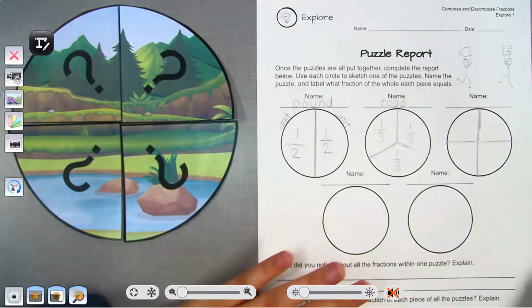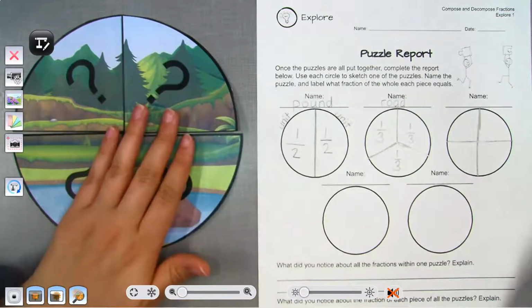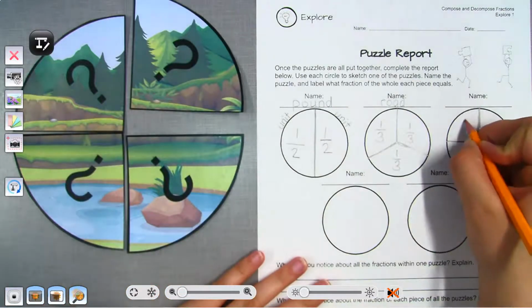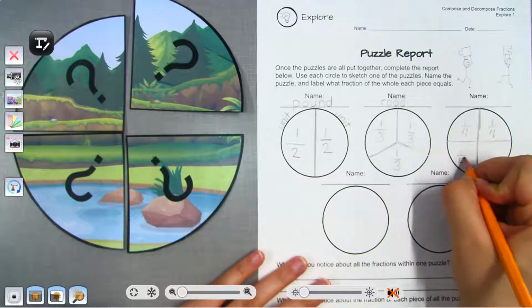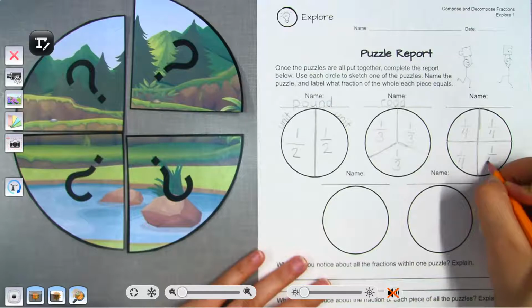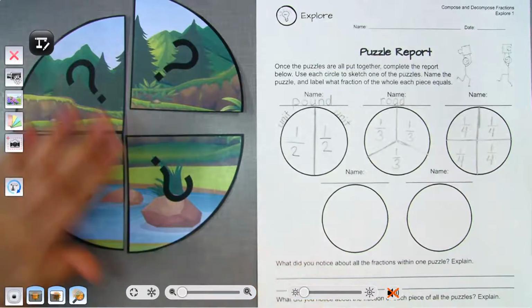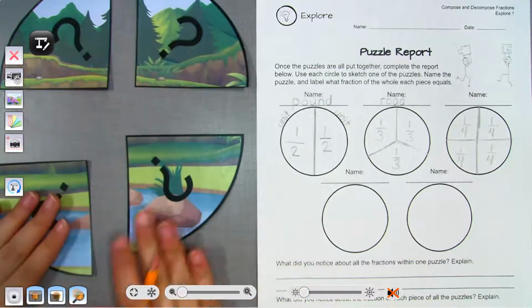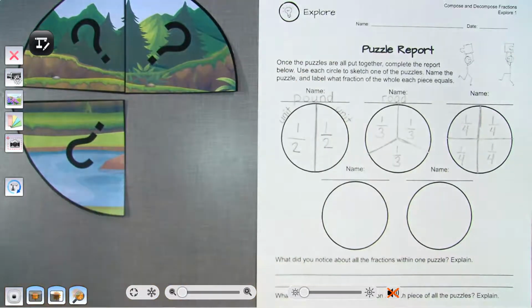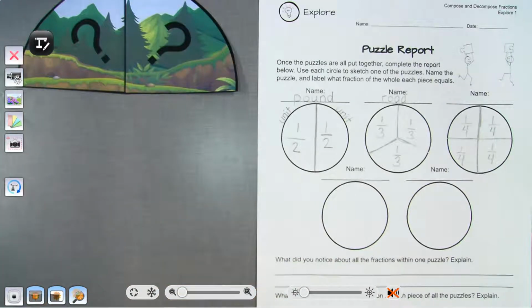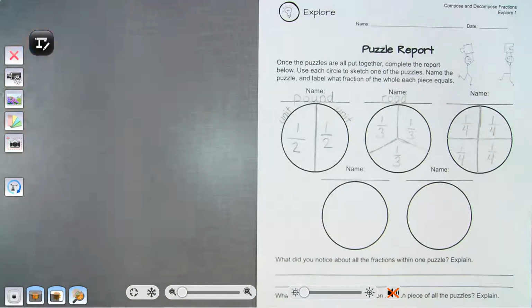And I want to label each piece. This would be 1/4, this would be 1/4, this would be 1/4, and this would be 1/4. So 1, 1, 1, 1, because I can take one piece away, 1/4, another 1/4, another 1/4, another 1/4.